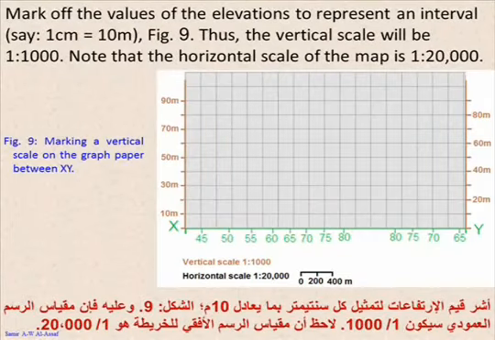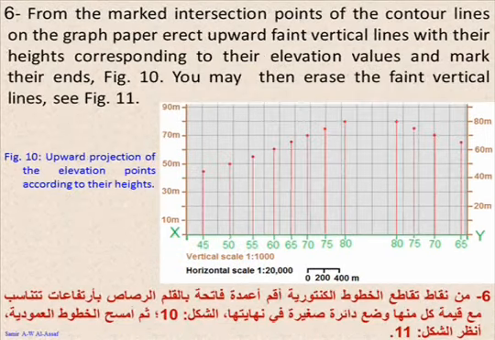Mark off the values of the elevations to represent an interval, say 1 centimeter equals 10 meters, figure 9. Thus, the vertical scale will be 1 to 1000. Note that the horizontal scale of the map is 1 to 20,000. 6. From the marked intersection points of the contour lines on the graph paper, erect upward faint vertical lines with their heights corresponding to their elevation values and mark their ends, figure 10.